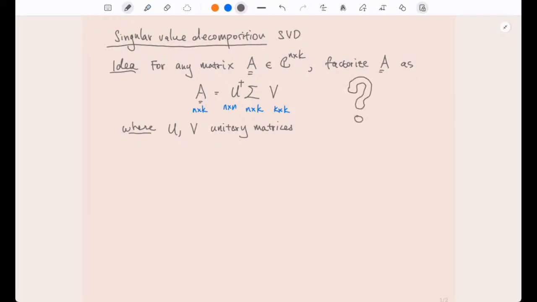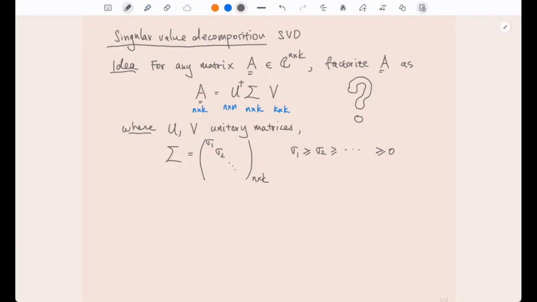Okay, all right, I don't remember all this. And the sigma, this is an n by k matrix, and it looks like this: sigma 1, sigma 2, dot dot dot, where we can even arrange it so that sigma 1 is greater than sigma 2 greater than dot dot dot, and these are all real, and in fact all positive as well, I believe.